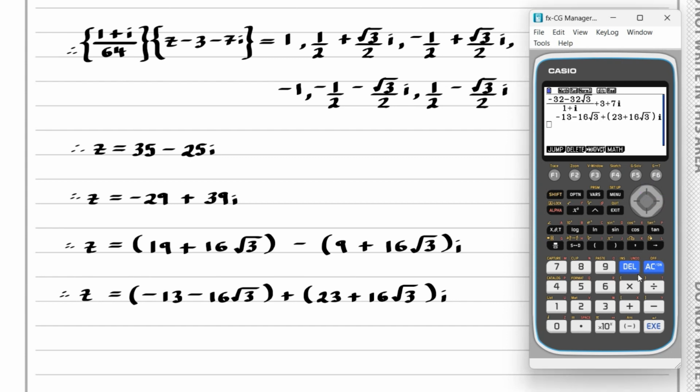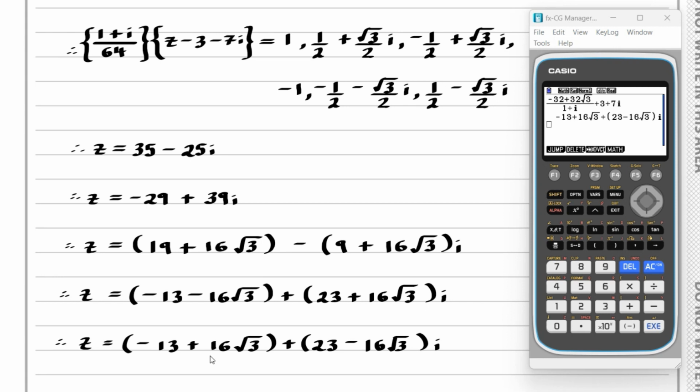So here I would have a plus, and that leaves me with a solution of negative 13 plus 16 root 3 plus 23 subtract 16 root 3 i. And then I've got a half subtract root 3 over 2 i, multiplying that by 64.